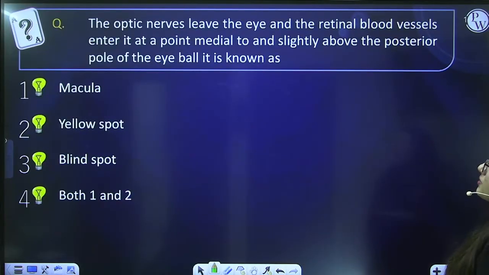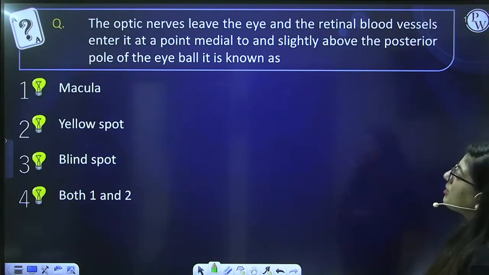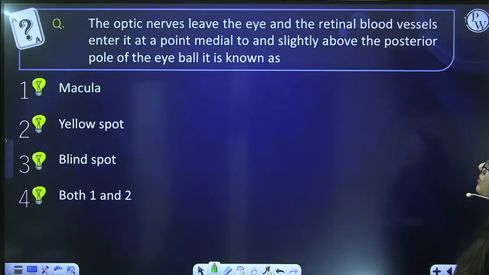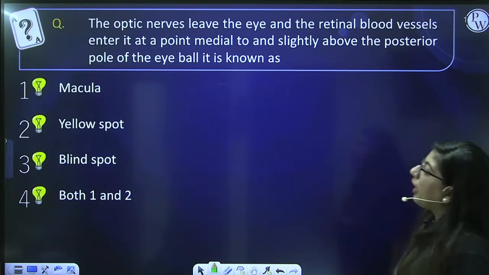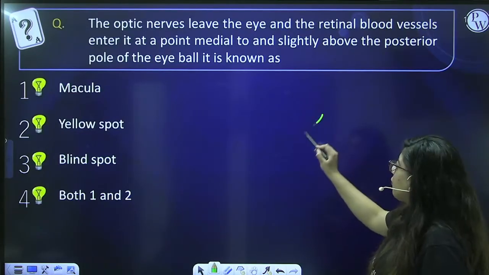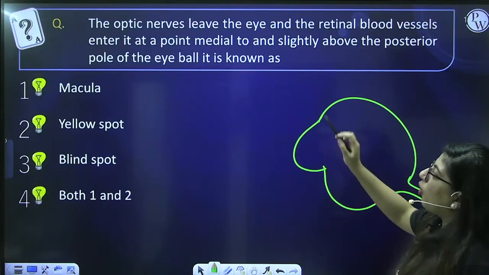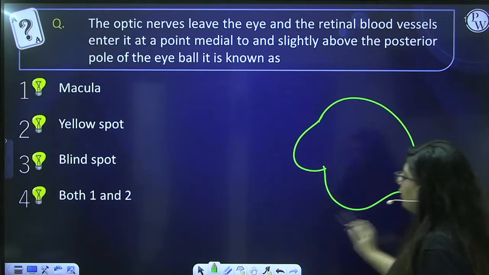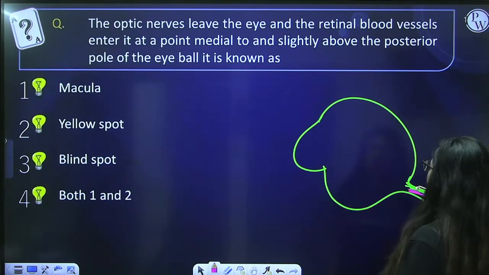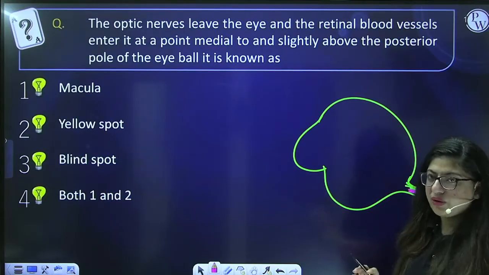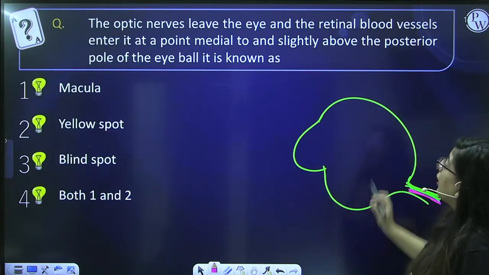The optic nerves leave the eye and the retinal blood vessels enter it at a point medial to and slightly above the posterior pole of the eyeball. It is known as. First of all, this is the eye. So it is talking about optic nerves leaving, blood vessels entering. So from here you are already sure they are talking about the blind spot. Now what about the location?